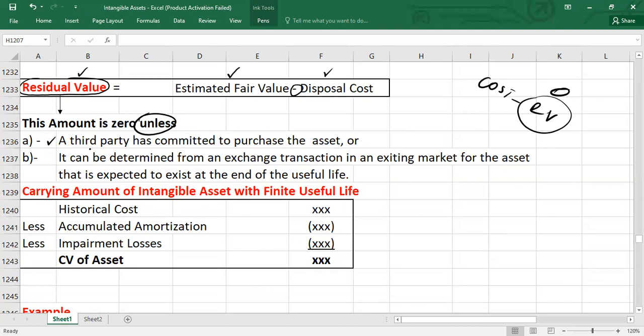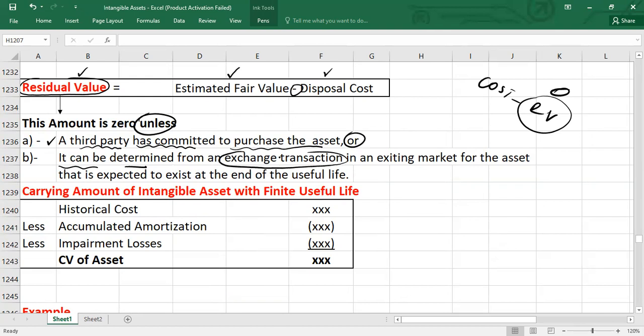Condition number one, a third party has committed to purchase the asset. If someone has given you a commitment that he will buy your asset, whatever he has agreed with you, you can deduct as a residual value practically. Or second, residual value can be determined from an exchange transaction.